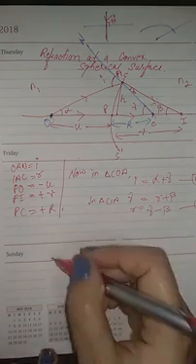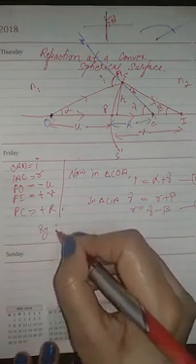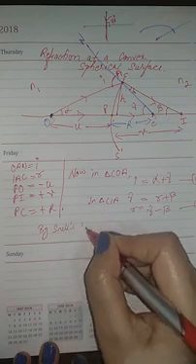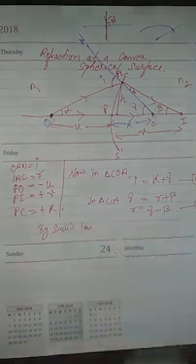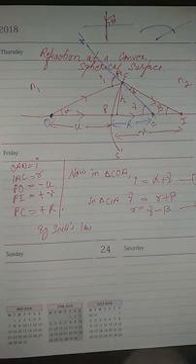Now you can write by Snell's law, using Snell's law. Now what does Snell's law state? It states that the ratio of sine of angle of incidence to the sine of angle of refraction is equals to the refractive index of medium 2 by medium 1. That is Snell's law, which we studied in class 10 also.